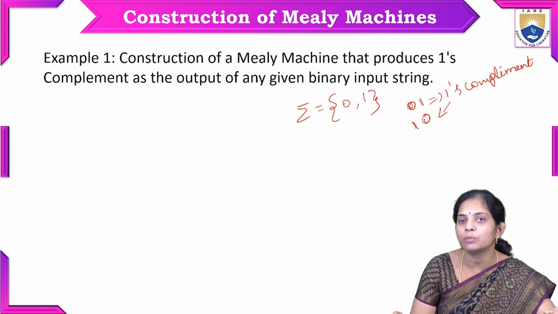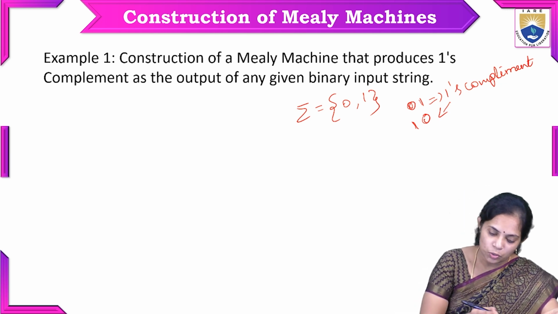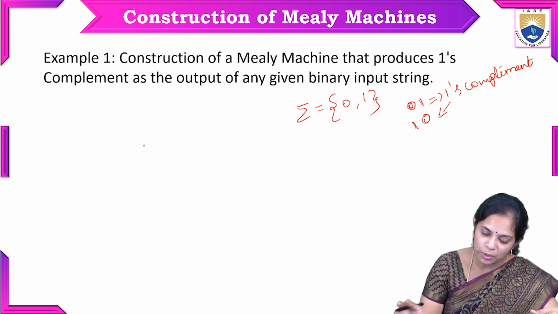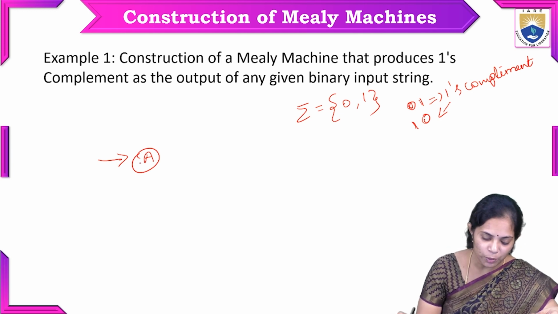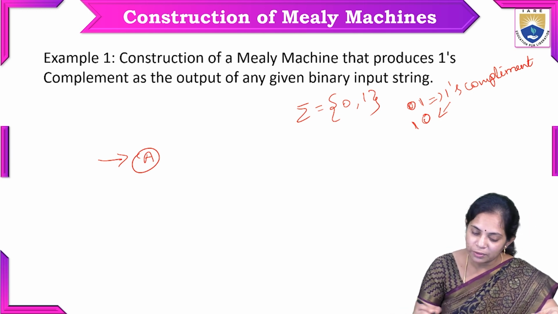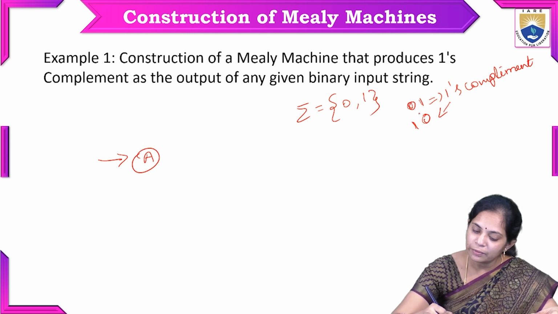If you want the one's complement of 1, we have to replace it with 0. So let's construct a Mealy machine for this. As usual we start with one state, and the arrow mark is the initiation.